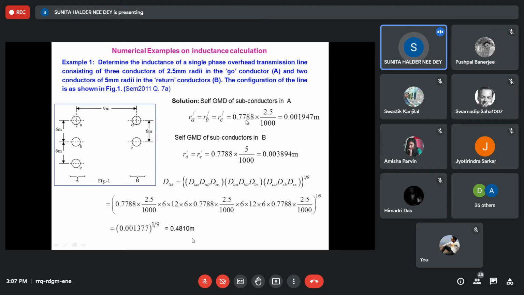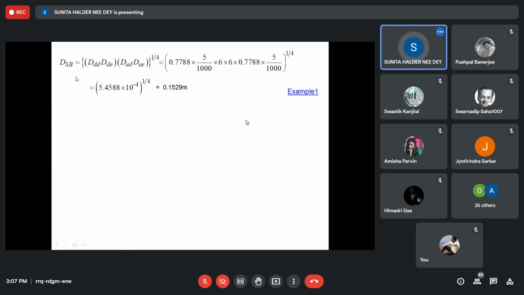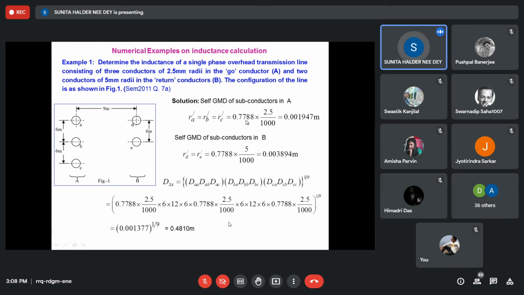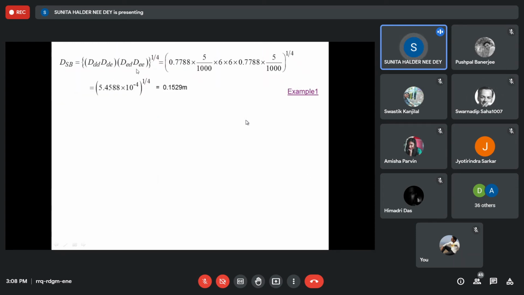Similarly we can find it for the conductor B itself. For B, there are 2 conductors, so there will be four self distances: DD, DE, ED and EE. Can you follow me? Yes, ma'am. So just put the values and get the result.